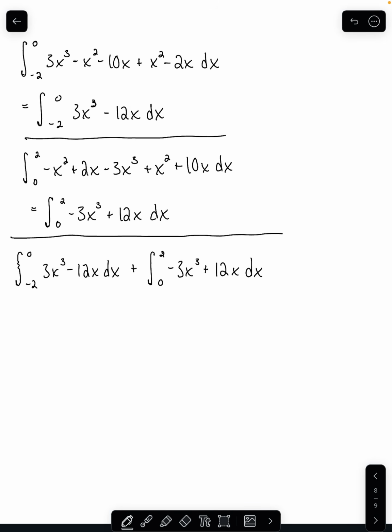As such, they will also have very similar antiderivatives. 3x to the fourth over 4 minus 12x squared over 2, which will nicely simplify to negative 6x squared. For the other integral, it's the same antiderivative, but with opposite signs. Negative 3x to the fourth over 4 plus 12x squared over 2.